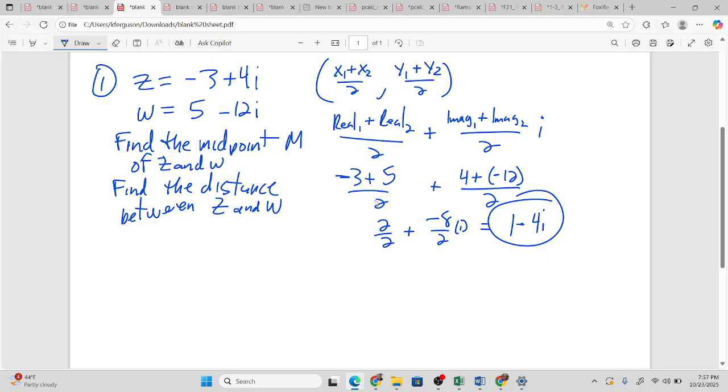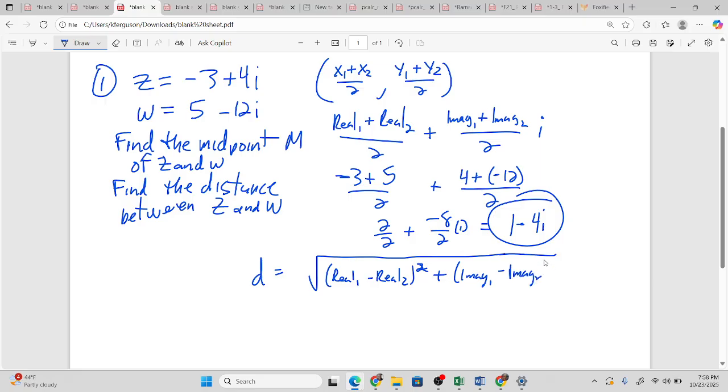And so now the distance, right? The distance formula works just like the distance formula. I'm going to have the square root, so d equals the real number 1 minus the real number 2 squared plus the imaginary number 1 minus the imaginary number 2 squared.